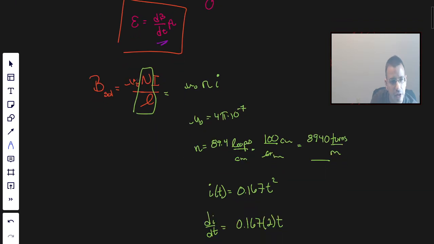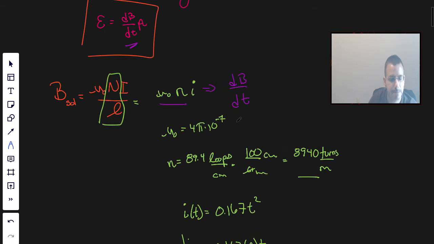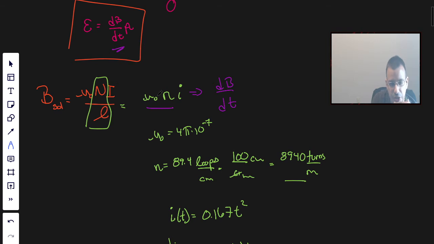And so we know our magnetic field is mu naught n I. Therefore, dB dt, the derivative of magnetic field with respect to time, this is going to be a constant, so we can just pull that out. So we're going to have mu naught n times the derivative of I, which is just I to the first, which becomes di dt, which we just found.